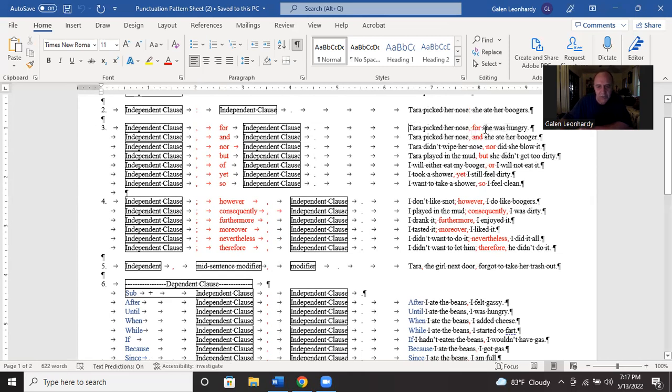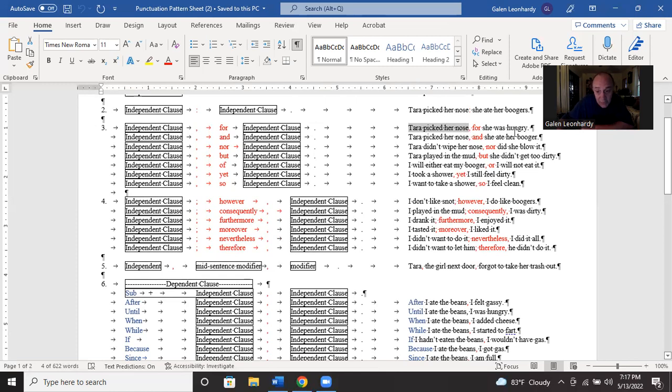Tara picked her nose, comma, for, there's the hinge structure. She was hungry. Let's put another independent clause together. So we have these two independent clauses, right? Just like over here. This is the flow of structure joined with the flow of meaning, right?